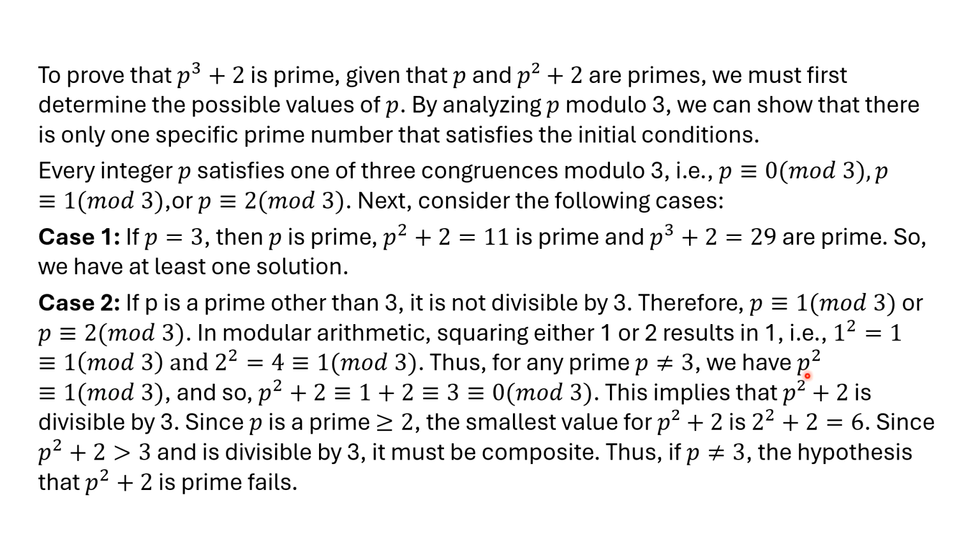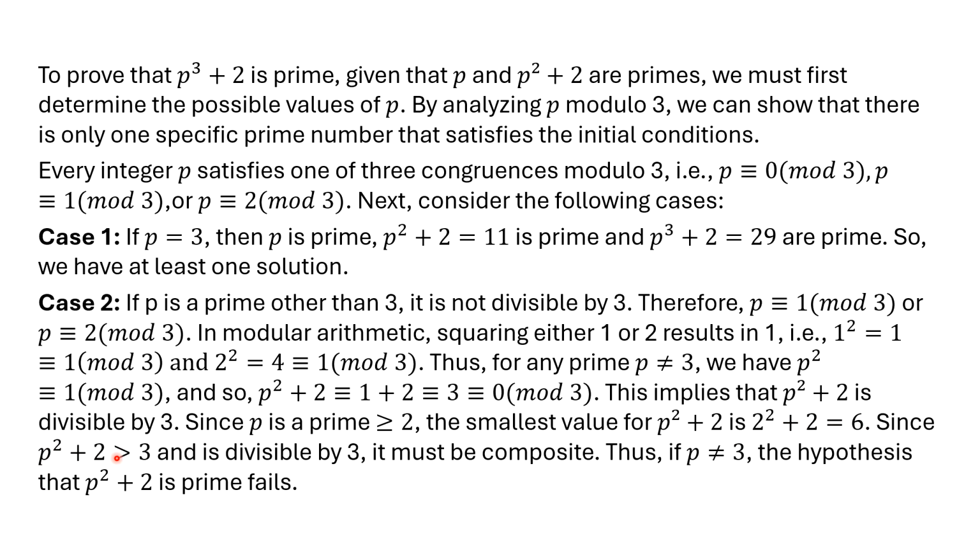Now we can add 2 to this, to look at our p squared plus 2, and we get 1 plus 2, or 3 mod 3. This implies that p squared plus 2 is divisible by 3. And since p is a prime greater than or equal to 2, not equal to 3, but it could be 2, the smallest value for p squared plus 2 is 6.